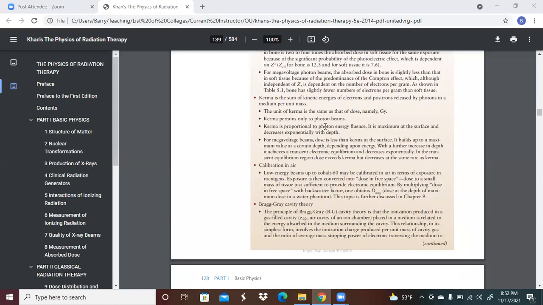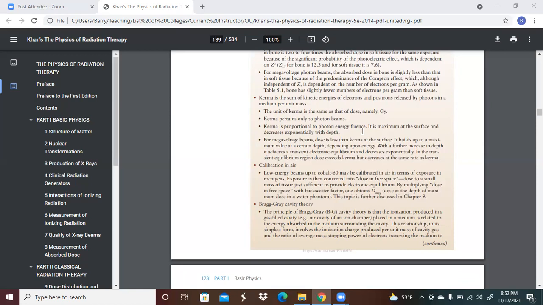It is also going to be proportional to the photon energy fluence. It is going to be the maximum at the surface and decrease exponentially with depth. That would make sense because your photon fluence, basically the number of photons coming in for a particular space, is going to be the highest when it first strikes the surface, because you've got all of the photons there.